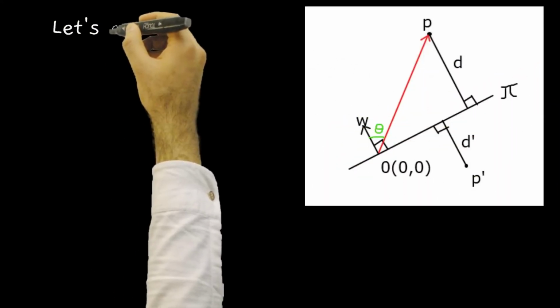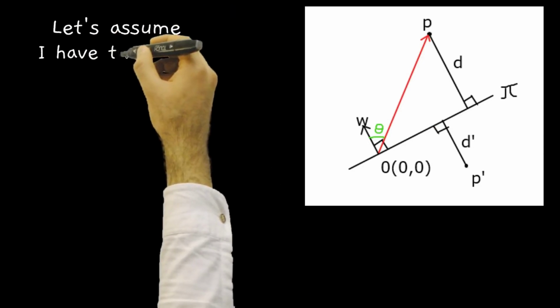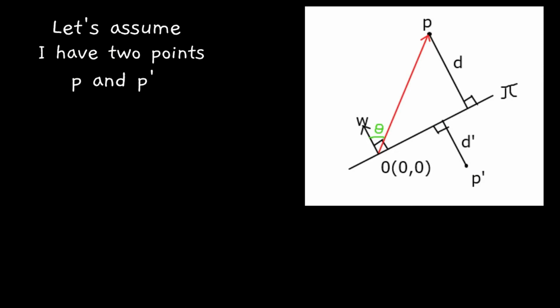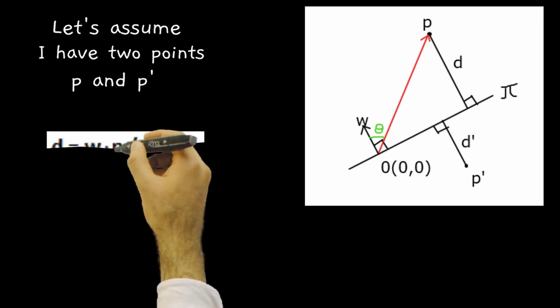Now let's assume I have two points P and P dash as mentioned in this chart. Here P is on one side of the plane and P dash is on the other side of the plane. Let's assume the distance from the plane to point P dash is d dash. Since W is in the above direction and P is also in the above direction, vector P will look like this red arrow.